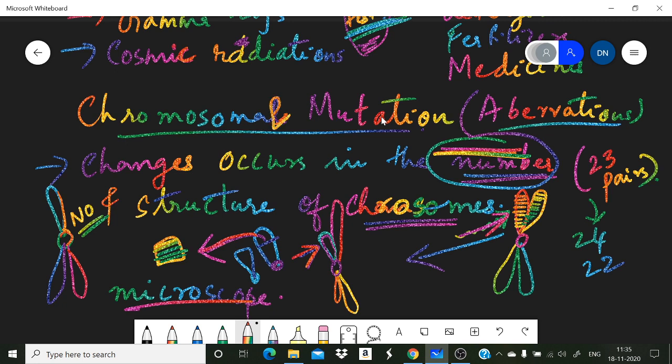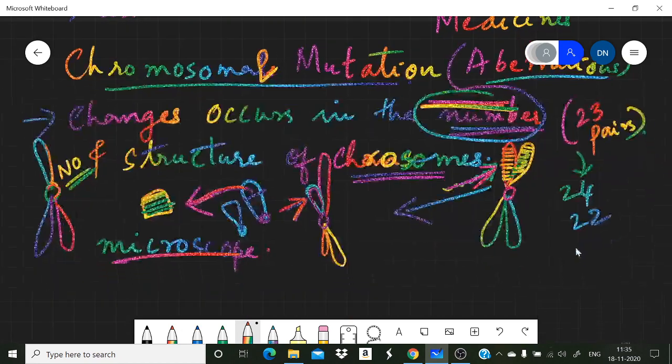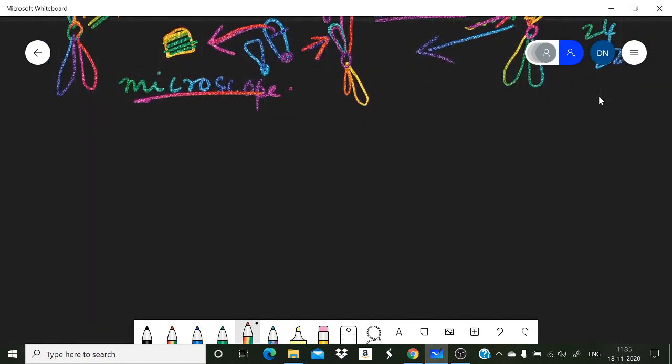The chromosomal mutations may affect different parts, different segments of a gene, or it may affect many genes that may lead to very harmful effects. So chromosomal mutations always cause many harmful effects. Chromosomal mutations may lead to very deleterious or harmful effects, very dangerous diseases.